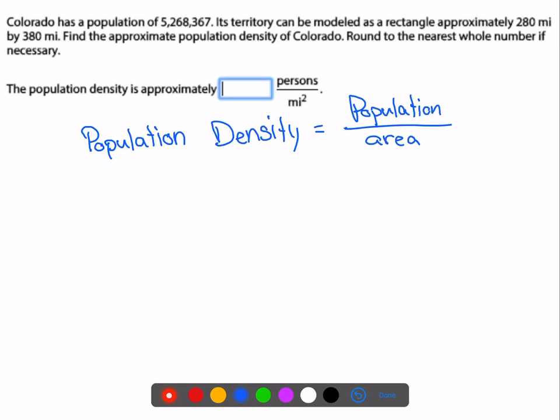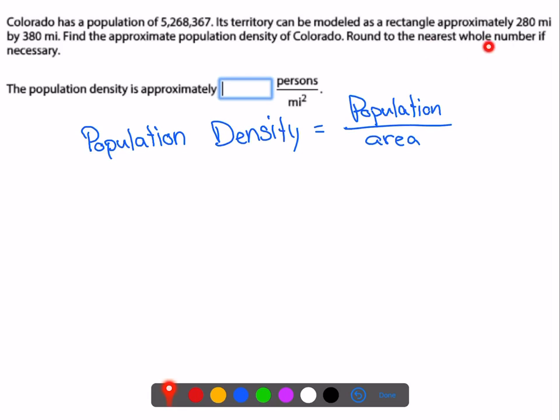Colorado has a population of 5,268,367 people. Its territory can be modeled as a rectangle approximately 280 miles by 380 miles. So they're assuming that we have a rectangular area here, and we know that the side lengths of this rectangle are 280 by 380. Find the approximate population density of Colorado.